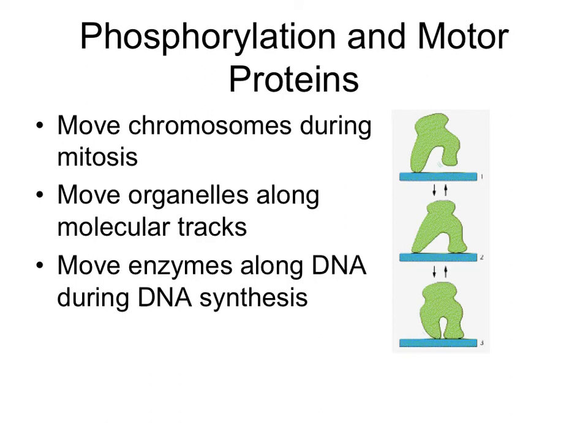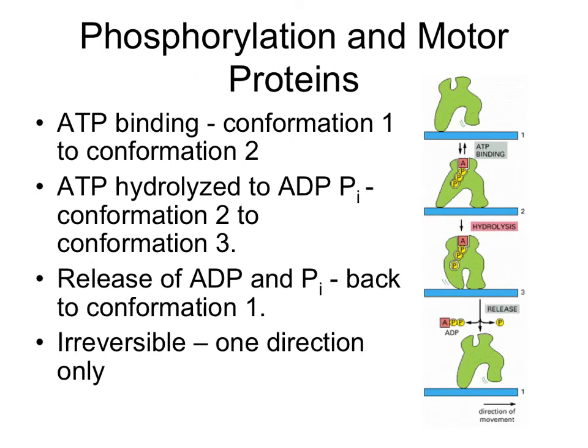Phosphorylation can also impact motor proteins. It allows movement of chromosomes during mitosis, organelles along molecular tracks, as well as moving enzymes along DNA during DNA synthesis. So as an example, you can have ATP binding to the protein in one conformation. Once it's bound, it takes conformation 1 to conformation 2.